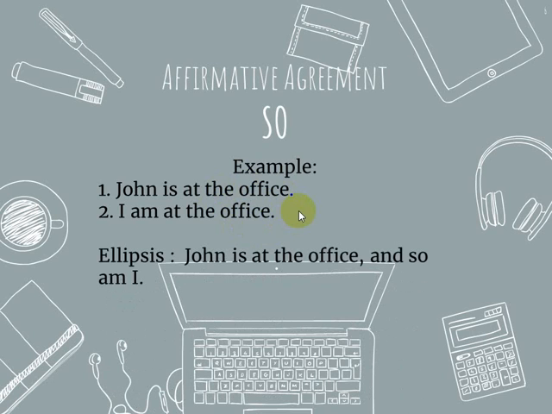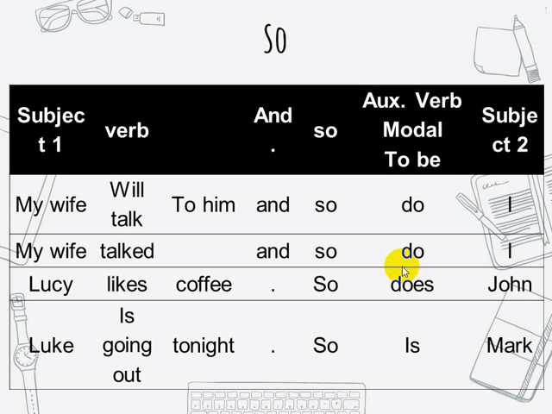The ellipsis is, John is at the office, and so am I. This is the ellipsis and how to make the sentence shorter. We use so plus auxiliary verb plus subject. This is the full form: subject 1, verb, and so, auxiliary verb, modal or to be, and then subject 2.